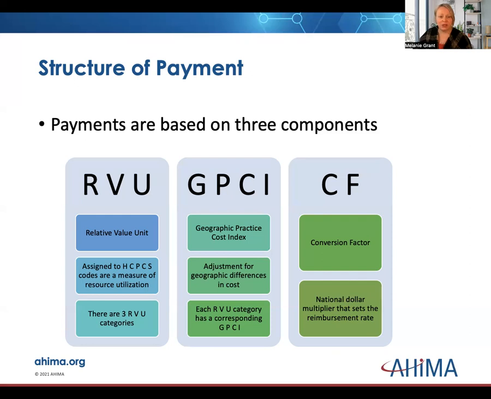They only change between different providers or locations. This includes your GPCI, which is your Geographic Practice Cost Index. This looks at where you're located in the United States and what type of facility you're in. And then there's a multiplier called a conversion factor. The conversion factor, also being based off of these first two items, will just basically say how much each item is determined to be reimbursed.